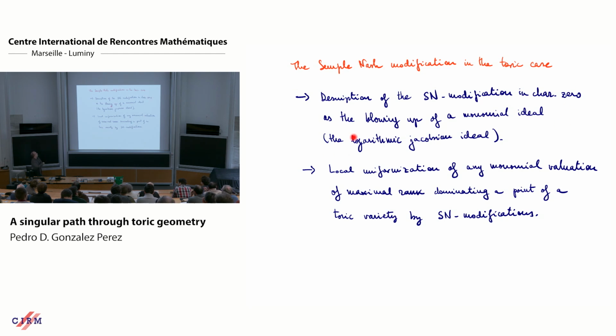So in our case, what we did is we gave a description of the Semple-Nash modification in characteristic 0 as the blowing up of a certain monomial ideal, which is the logarithmic Jacobian ideal, which appeared in fact in the case of Gonzalez-Sprinberg, and was also analyzed by Monique Lejeune and Ana Reguera.